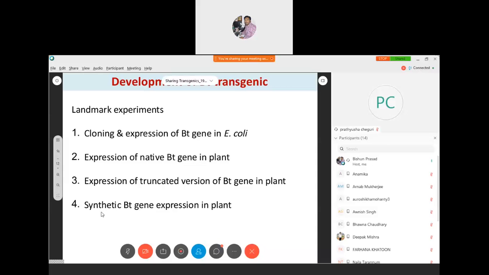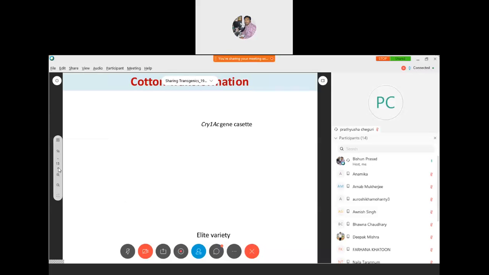So at that time, you can go for synthetic Bt gene expression, and here you can do codon optimization, because you can replace the codon and still get the same amino acid. So here you can make your own Bt gene construct, but the amino acid should not change. So these were the landmark experiments done to raise the Bt transgenic plants.